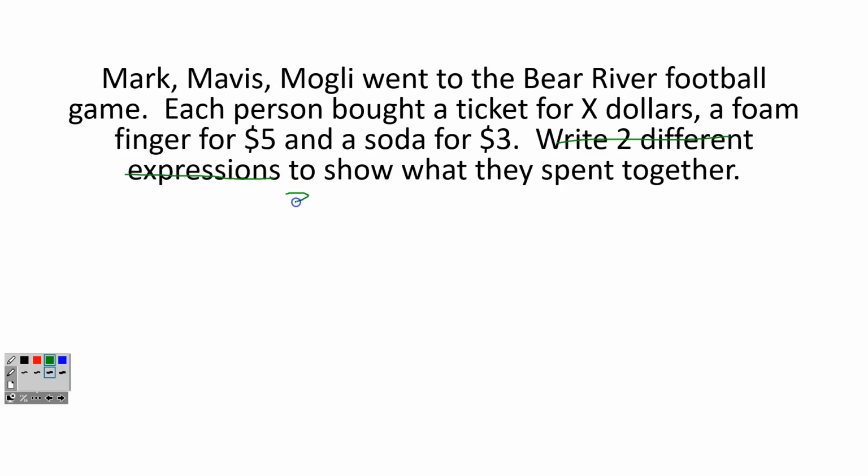Well, we know that 3 people went. We know that they each got a ticket. We know they got a foam finger for $5 and a soda for $3. So that's what we know.